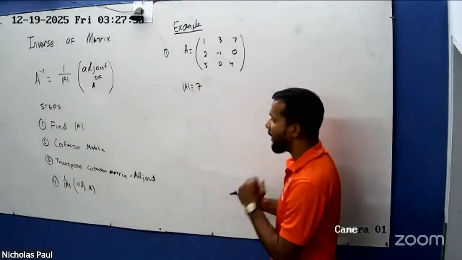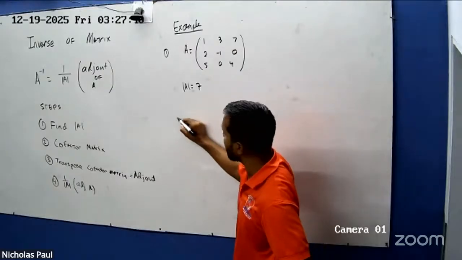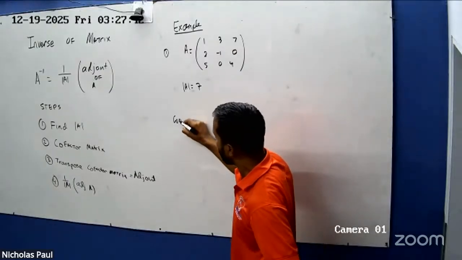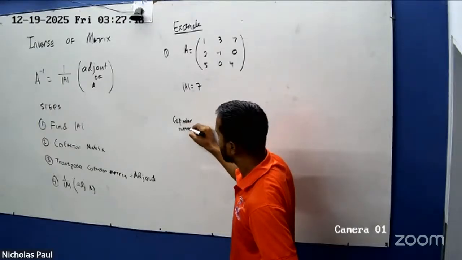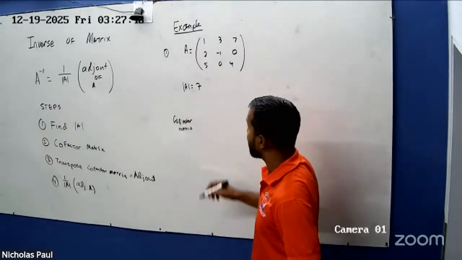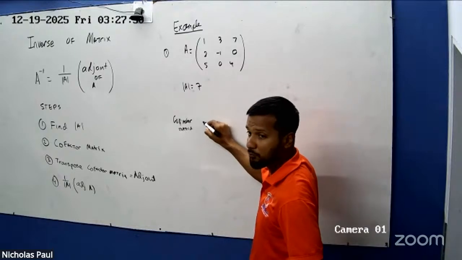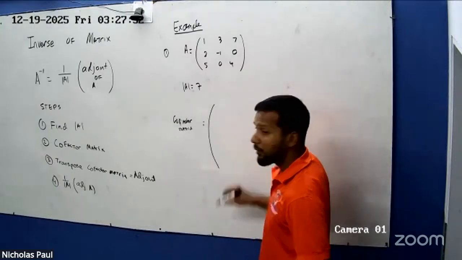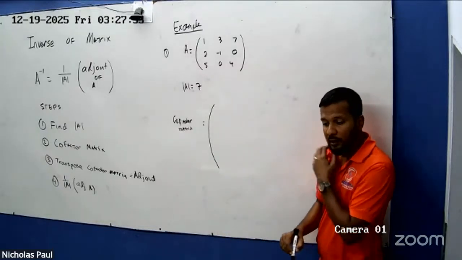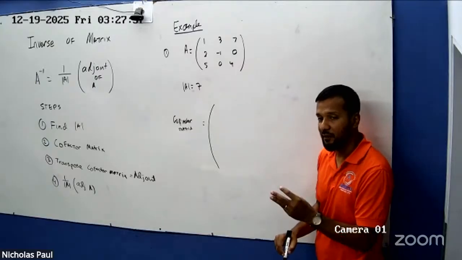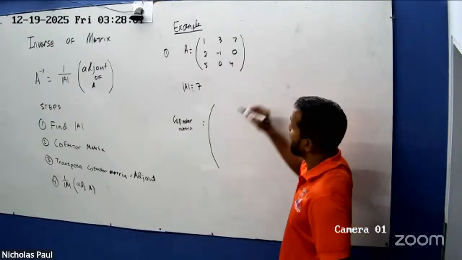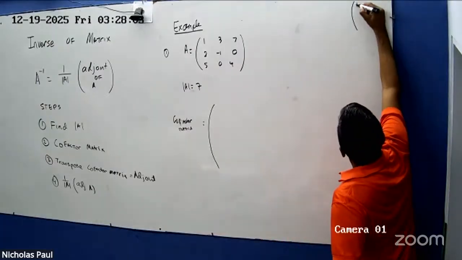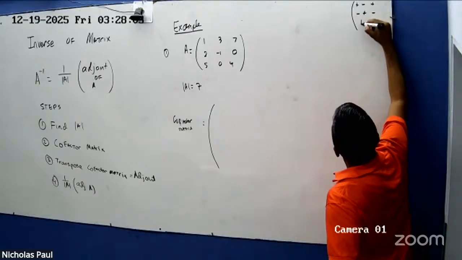How do we find the cofactor matrix now? It's a big matrix. So here's what you're doing. Watch here. The cofactor is the sign multiplied by the minor. I don't know if you remember the sign matrix: plus, minus, plus, minus, plus, minus, plus.